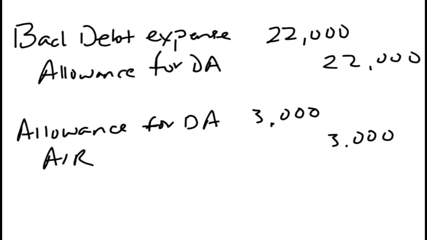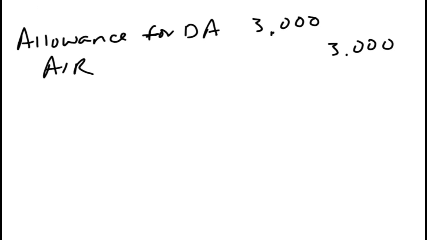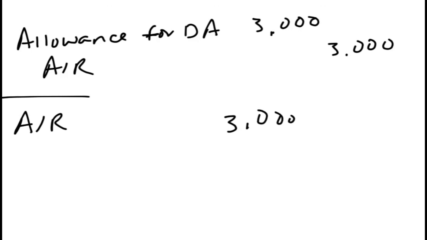All right? And now let's assume the same thing before. What happens if they come back later and say, hey, we know we didn't pay you, we were bankrupt, but now we have the money, we really want to pay you? Well, right now I don't show they owe me any money. So again, the first thing we have to do is reinstate the account. So I need to put the receivable back on the books. Okay, there we go. So we need to increase or debit accounts receivable for $3,000.